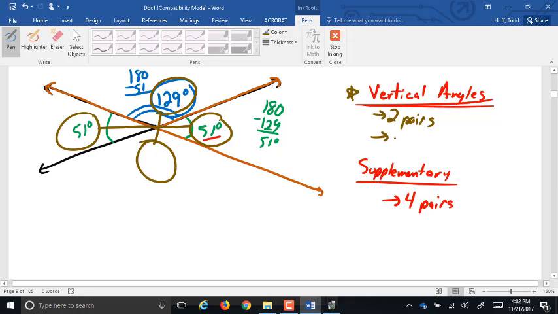And those are always equal. And they are equal because of the supplementary pairs. 51 has to be supplementary to the 129. Well, this angle here also has to be supplementary to the 129. So it better be equal to 51 also. Questions on that?